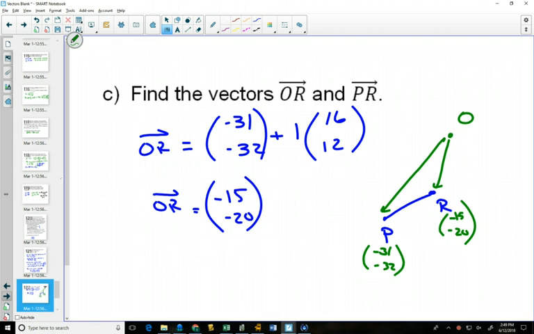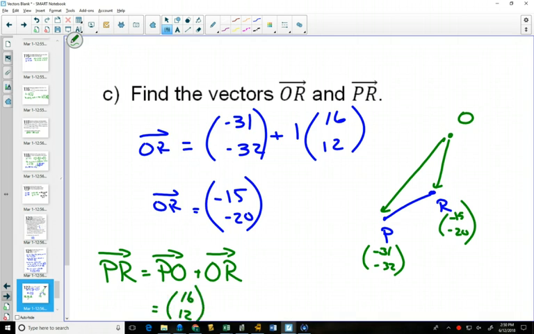You could say if I want to go from P to R, I could go from P to O plus O to R. And that will work, right? And P to O is just the negative of that one. If you do those, you're going to find out that you get 16, 12.